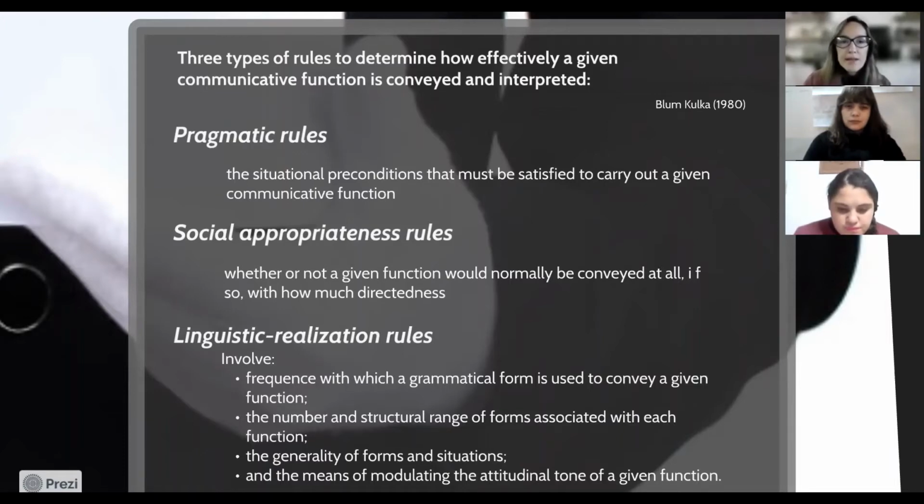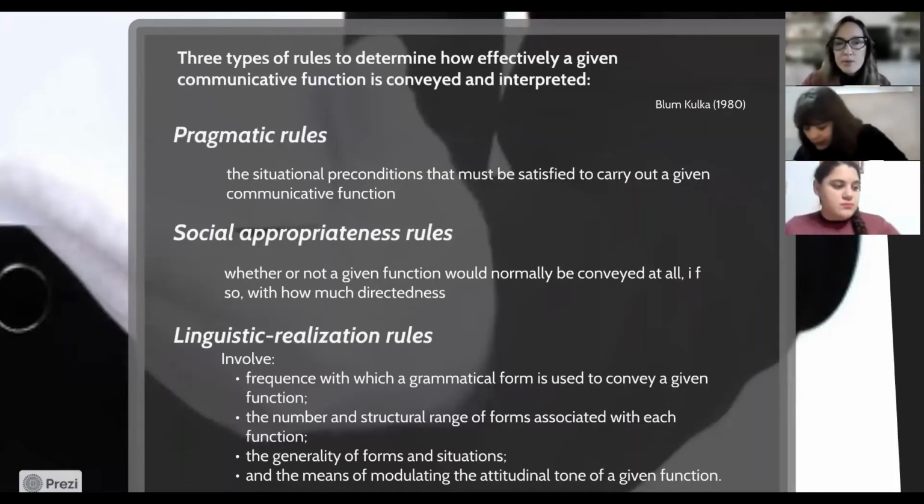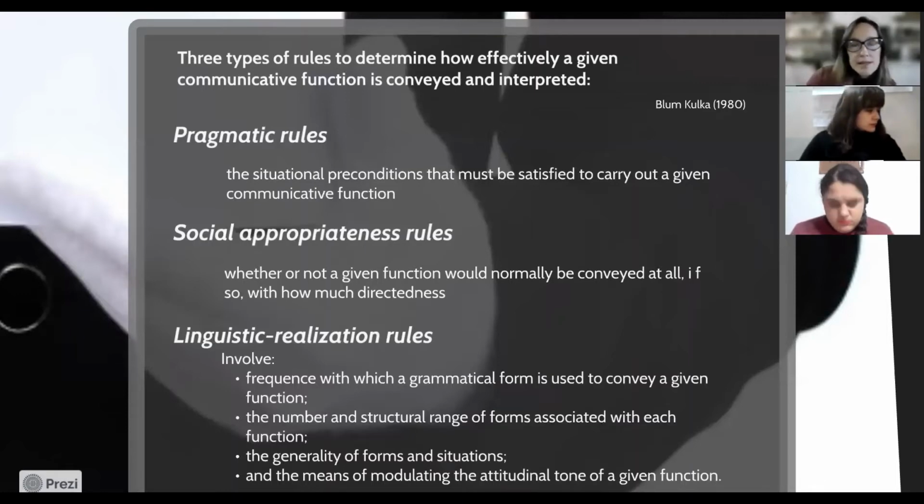That is to say, if the people involved in that situation share the same knowledge, and the language that we choose to use is correct for that particular exchange of ideas, right? That has to do with the use. Then social appropriateness rules: whether or not a given function would normally be conveyed at all, and if so, with how much directedness.